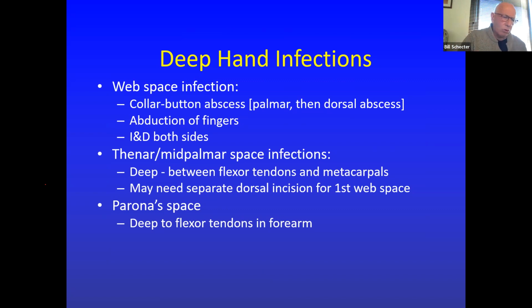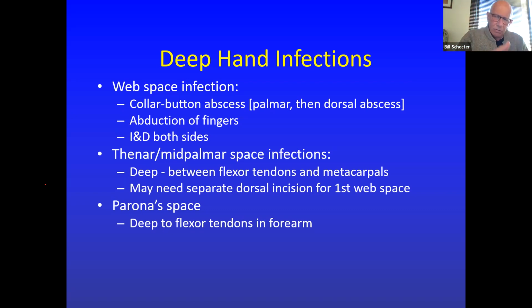I remember one poor girl. It was a horrible situation. She was bitten by a dog, and she got infection tracking up from the volar forearm, along the tendons, all the way up into the forearm, and we had to keep taking her back to the operating room and just chasing this infection as it went up the arm.